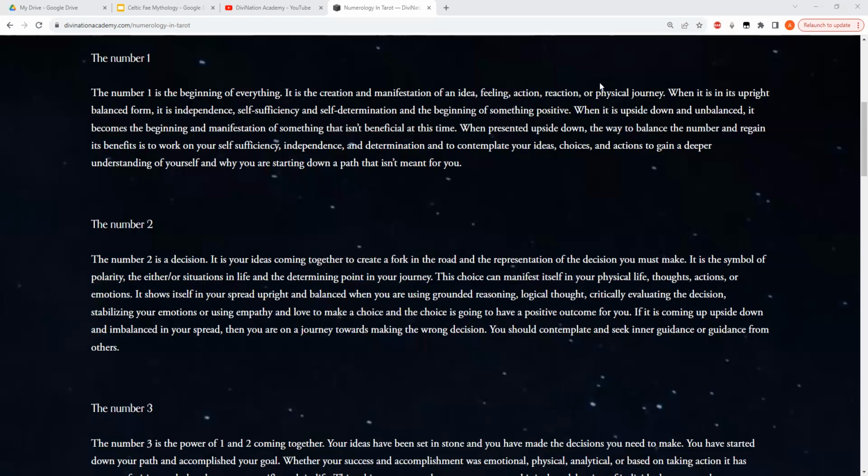But we also have to think about that flip side of the one too, that though usually the one does symbolize self-sufficiency, self-determination, and independence, it can also be that to a fault. So sometimes when somebody is ultra, ultra independent, what does that necessarily mean about them?